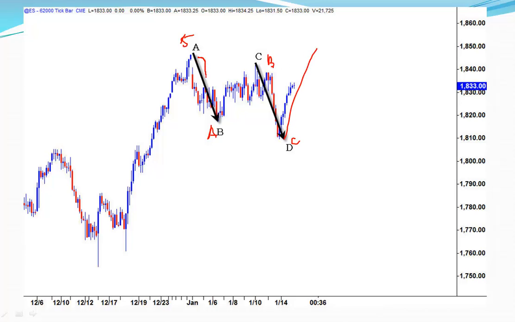Also, this can be considered an A to B, C to D relationship. But when you're looking at Elliott wave, where you have 1, 2, 3, 4, 5, and you zero down here, you'll have your ABC corrective wave, and you're going to learn that today, of what that looks like.